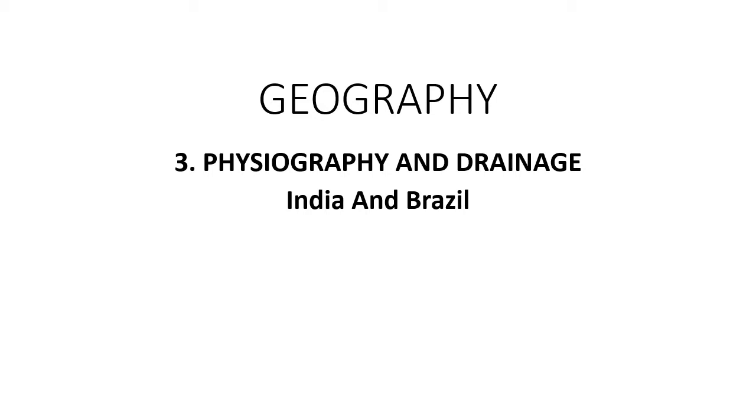The North Indian mountains, which are also known as Himalayan mountains, the North Indian plains, the Indian plateaus, the Western Ghats and the coastal plain, and the Indian islands, which are further divided as islands in the Arabian Sea, islands in the Bay of Bengal. Now let's talk about the physiography of Brazil.